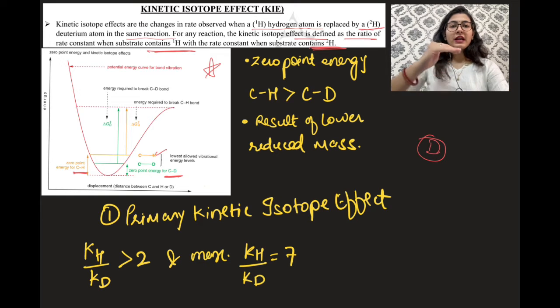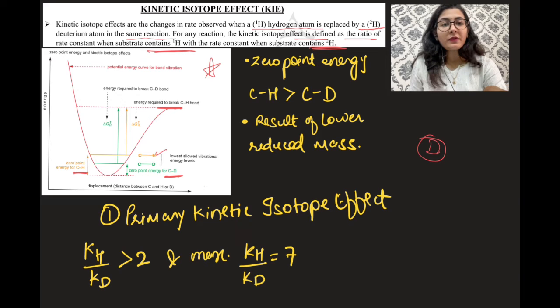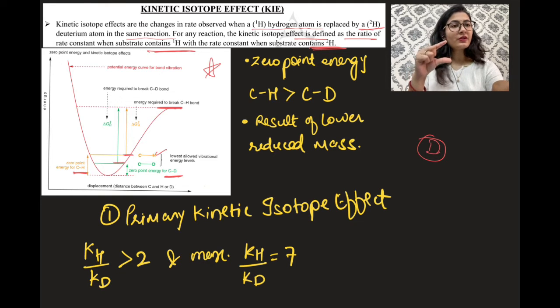Now, when we are trying to break that bond, it must reach some dissociation energy. When we want to break the carbon hydrogen or the carbon deuterium bond, this energy must be reached, which is shown by this line. Now you see the difference for a carbon deuterium bond is greater, because the CD energy was lower, so its difference is greater, and the CH energy was higher, that's why the difference is lower.